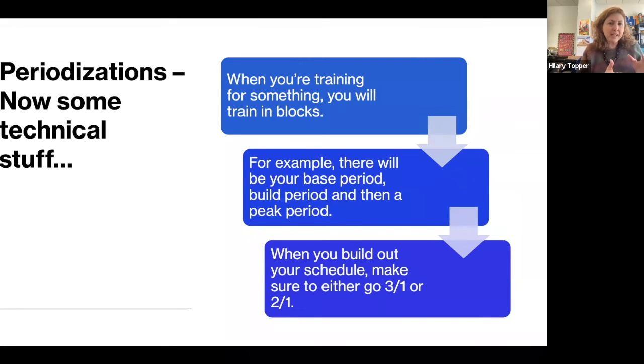Your biggest right now would probably be the base. This would be the base period right now. And what I would do with myself is that during my base period, I might want to focus on a weaker sport. If you're a runner, obviously you're just going to focus on running.